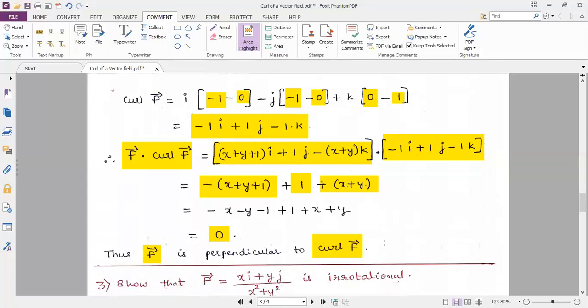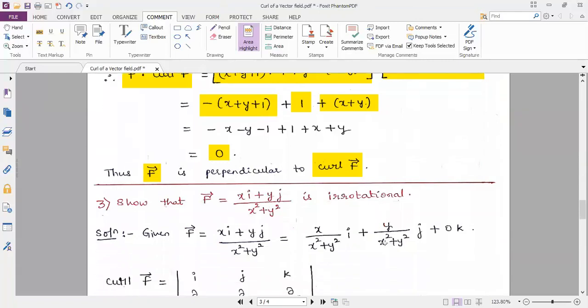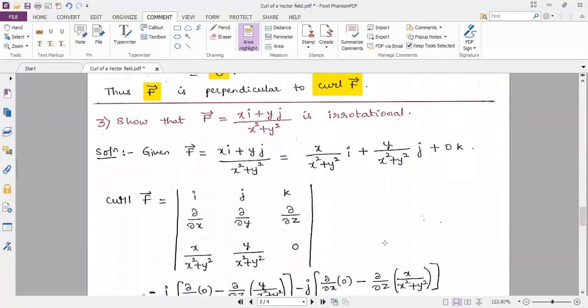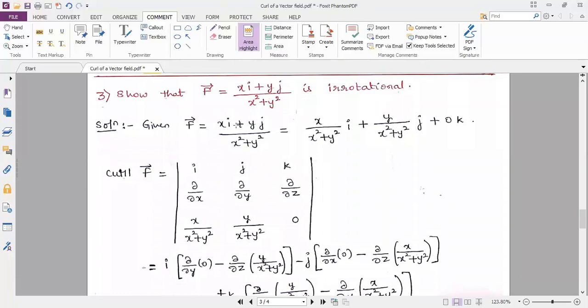Now moving ahead, let us consider a problem based on irrotational. To show that the given vector f = (x i + y j)/(x² + y²) is irrotational. Consider the given vector f.